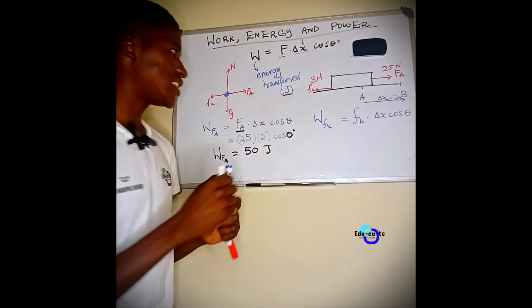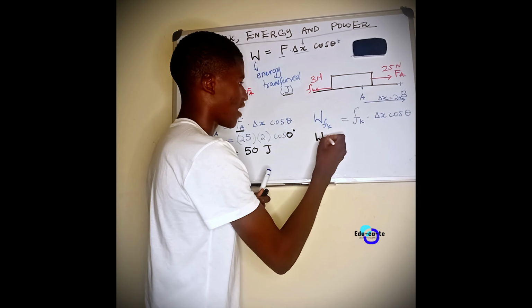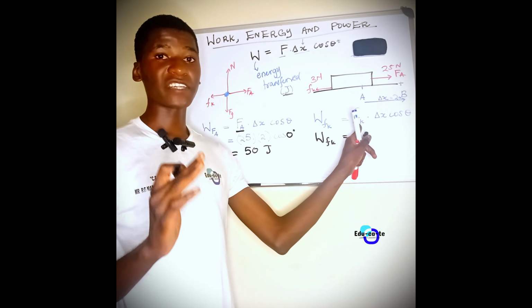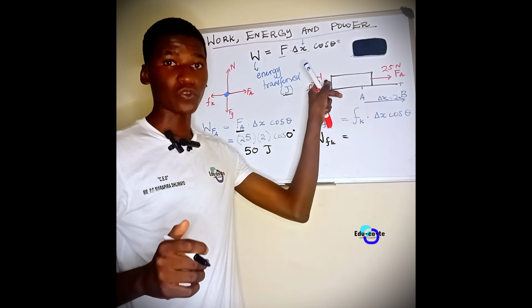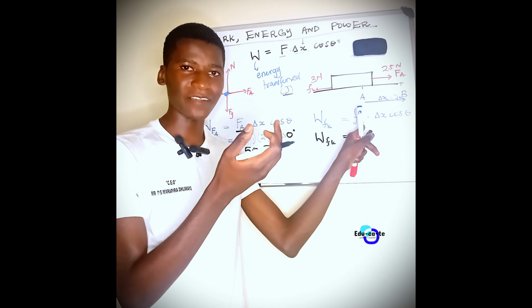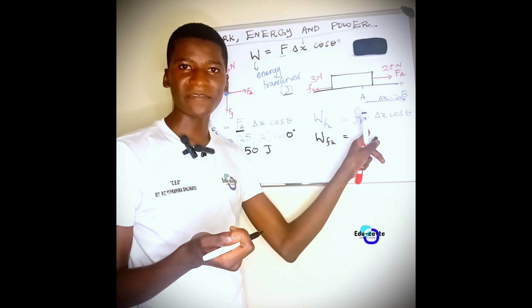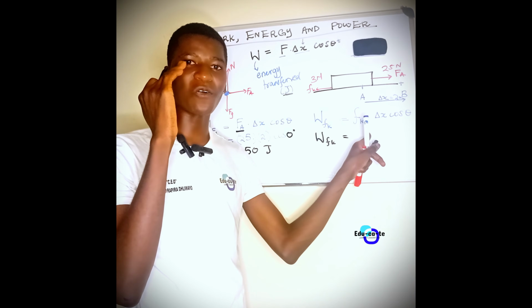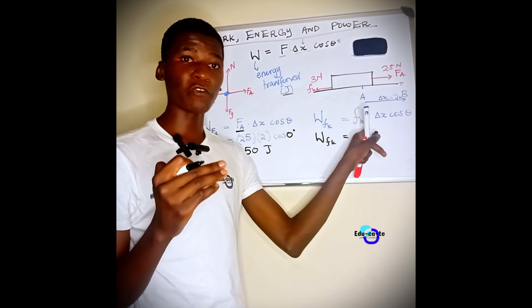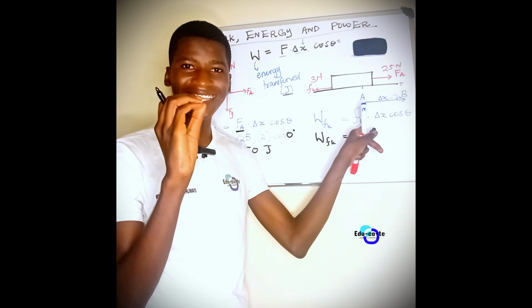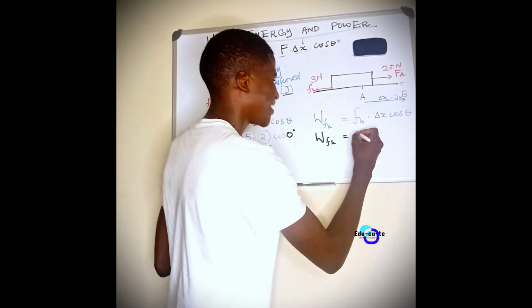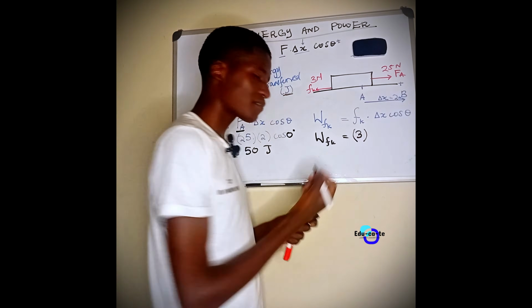Now, what is the magnitude, or the size, of the frictional force in this case? It is 3 newtons. Make sure that here you substitute the size of the frictional force. Do not substitute -3 because of your idea of force being a vector quantity. In this formula you substitute the size of the force, which in this case, for the frictional force, is 3 newtons.